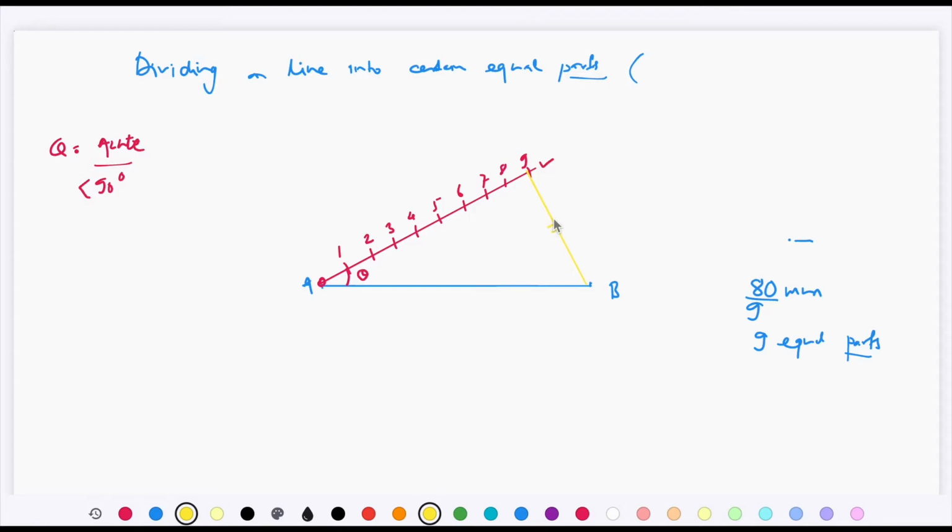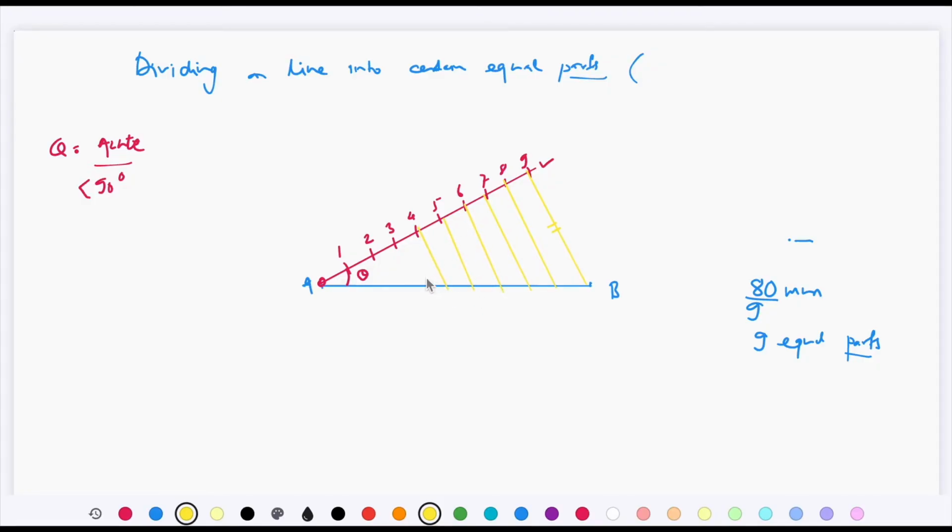Now you need to align your drafter scale or roller scale with this segment 9B, and from the remaining divisions you just need to draw lines parallel to that 9B.